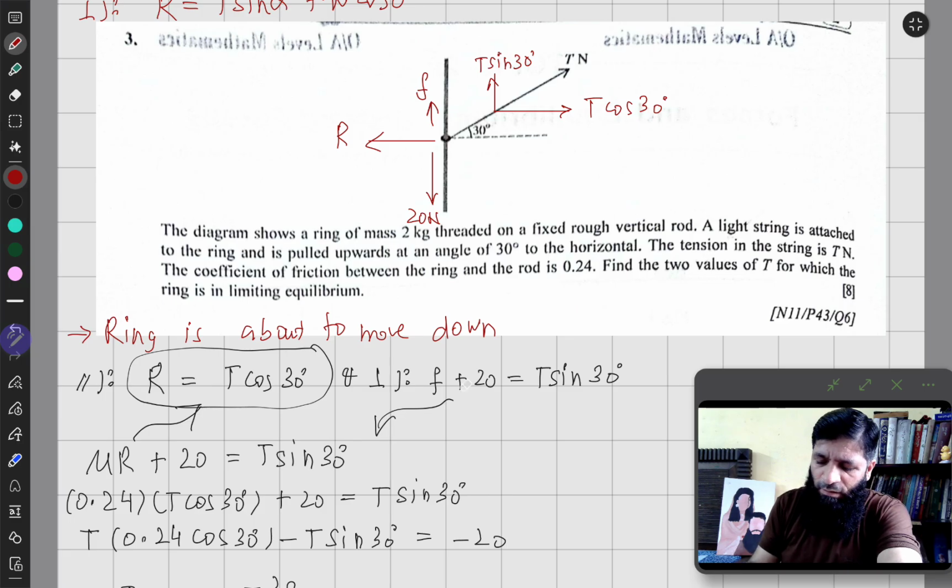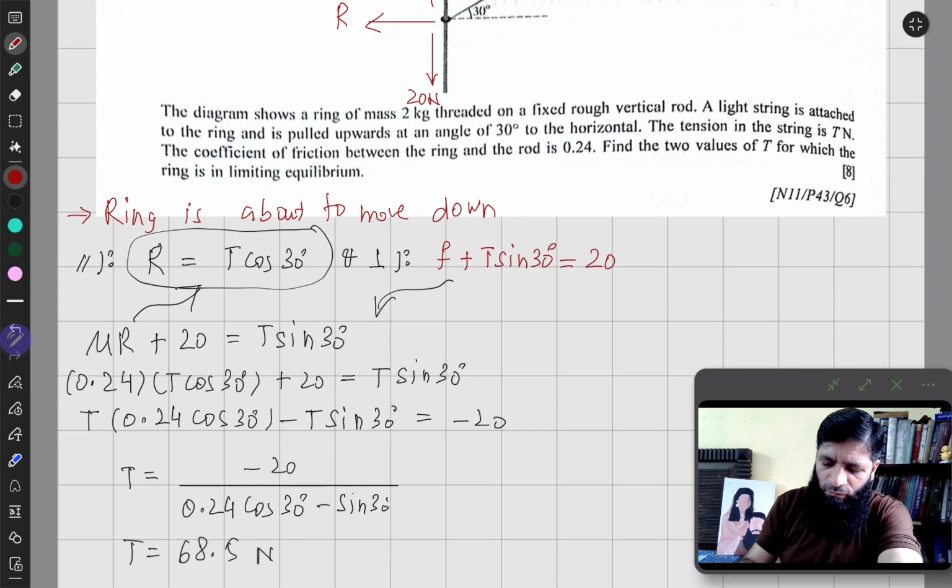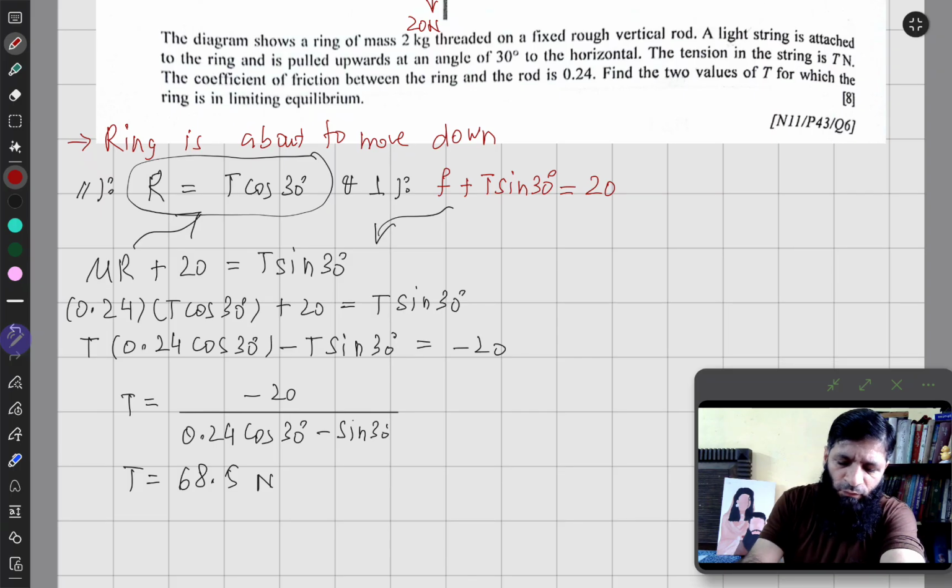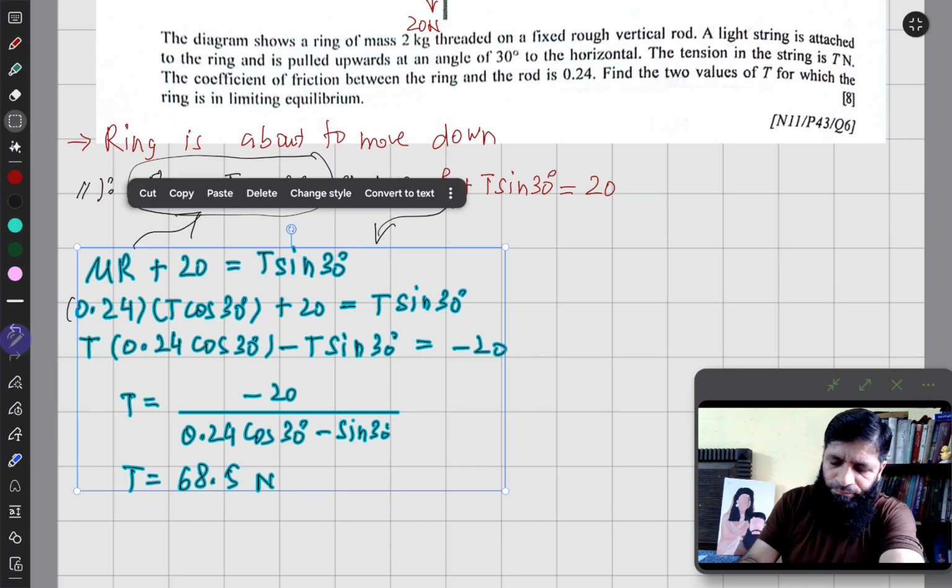You will have the equation for the perpendicular or vertical component, which will become F plus T sin 30. These are the forces which are upward, and for downward you have just one force, which will be 20 newtons.